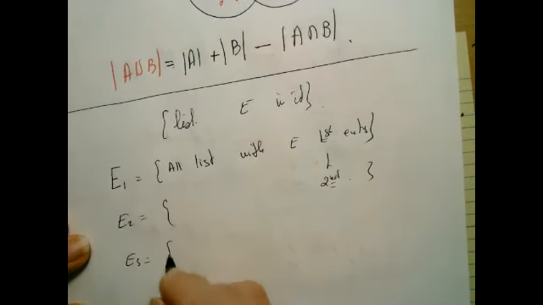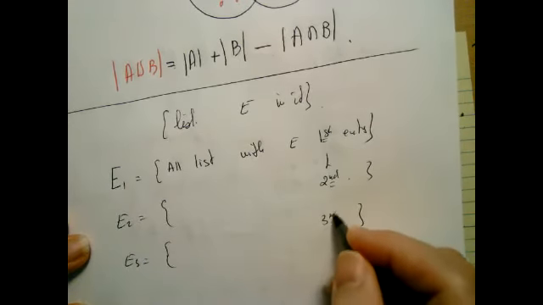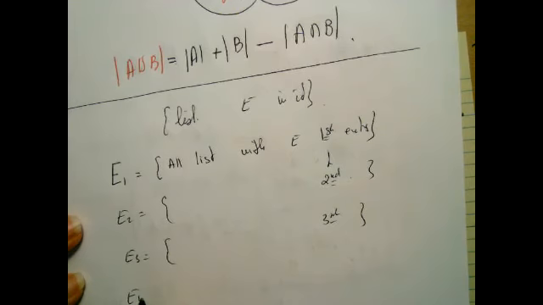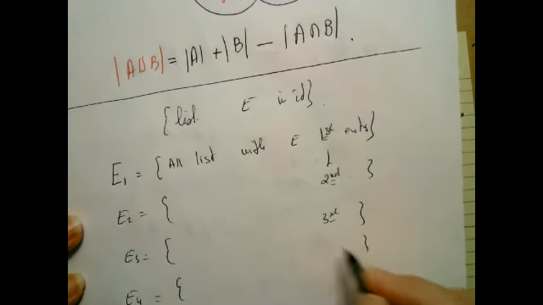E3, all the lists with E in the third entry, and E4, all the lists with E in the fourth entry. Okay? And this is my whole list.